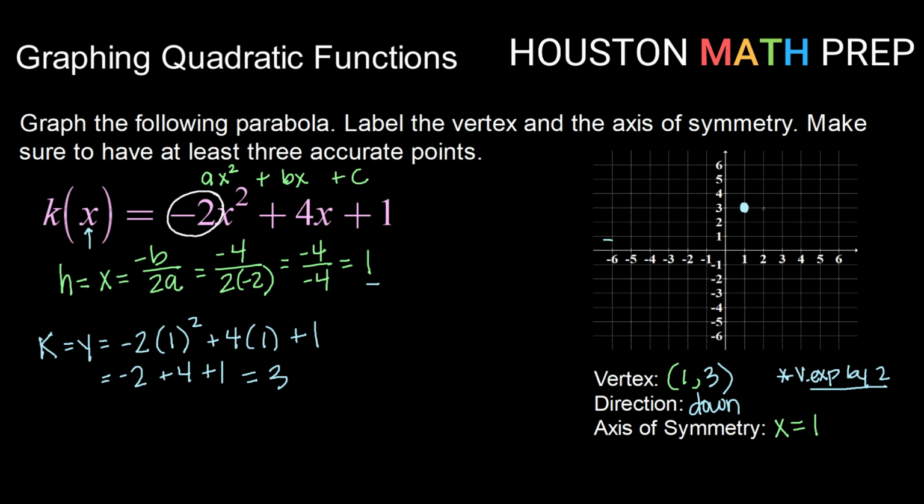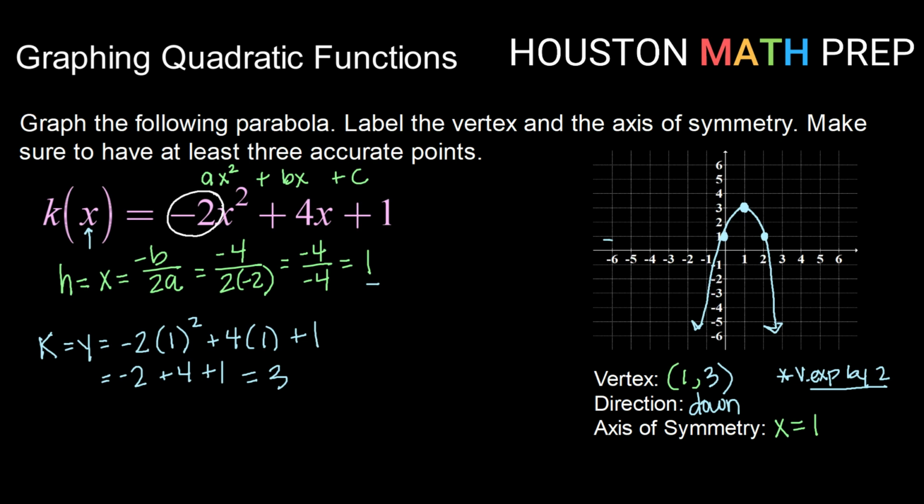So we're going to go right 1, down 2 instead. Then using our axis of symmetry, we would go left 1, down 2. Now we have our 3 accurate points, so we can go ahead and connect through them using our good parabola shape. And there we have our graph for k of x.